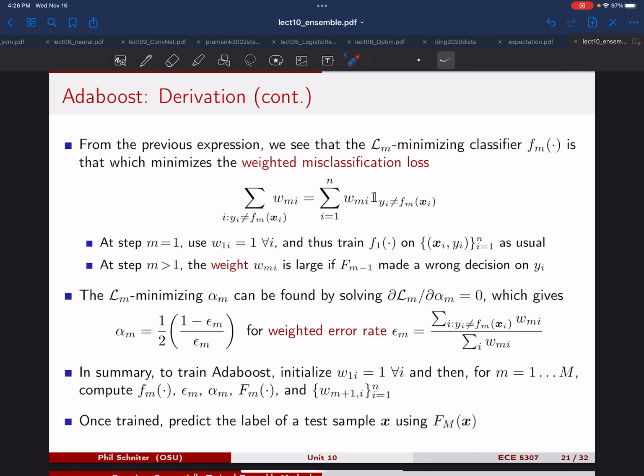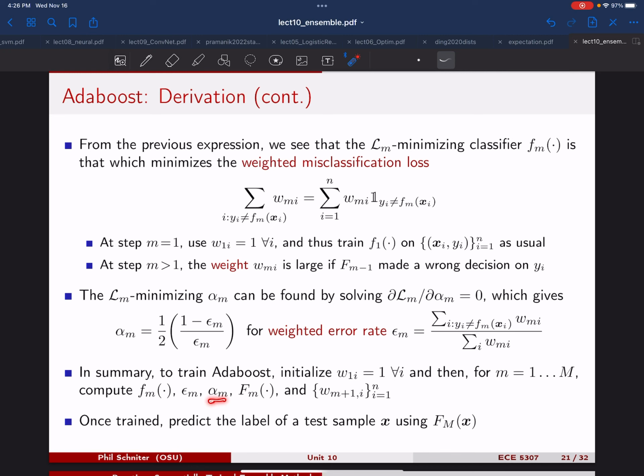And so now we figured out all the little steps. Just to summarize, in the first iteration where little m equals 1, we set our weights to 1, and then we train f_m this way. Then, given our f_1 and our weights, which we know because we initialized them, we can compute these error rates. From the error rates, we can compute alpha.